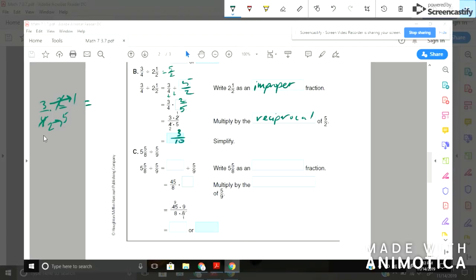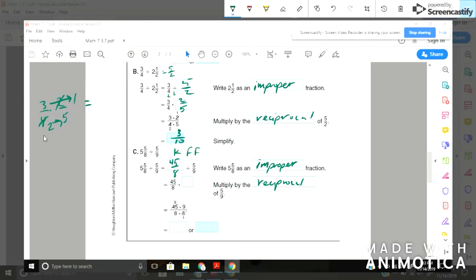And for C, now I've got to change my first number, so change 5 and 5/8. Write that as an improper fraction. 5 times 8 would be 40, plus 5 will be 45/8. And then keep, flip, flop, keep this the same, flip division to multiplication, and make 5/9 into its reciprocal.